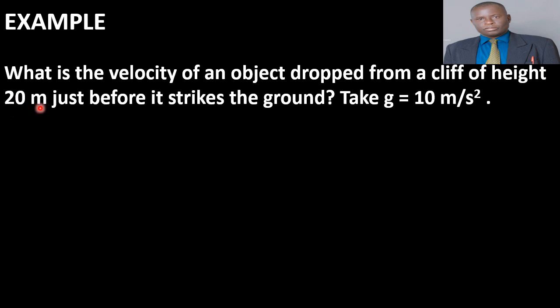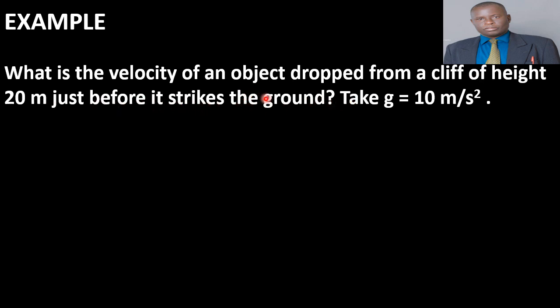This is a height, from the bottom to the top, where the maximum height is 20 meters. The object is dropped from this 20 meter height so that it strikes the ground. We are being asked what is the velocity of an object dropped from that height of 20 meters just before it strikes the ground.